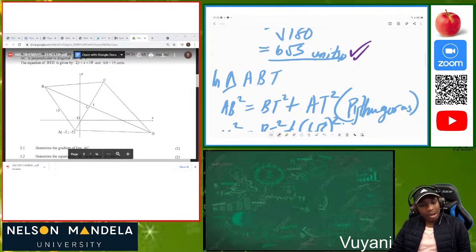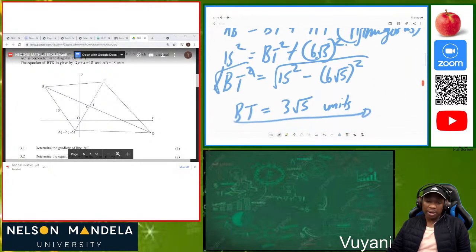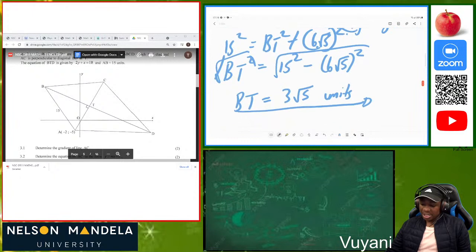What is our x squared? Our x squared is the adjacent side. What is our y squared? Our y squared will be our opposite squared. So we did that by the Pythagoras theorem. Then we attain BT to be equivalent to 3 root 5 units. You can leave it in surd form, or you can simplify it and get approximately 6.71 units.